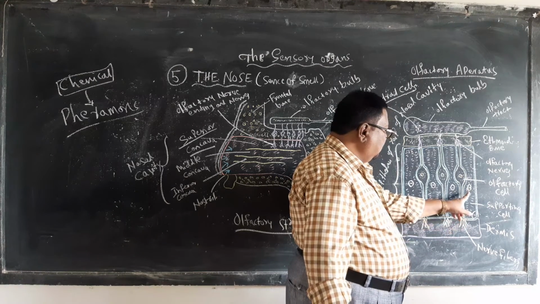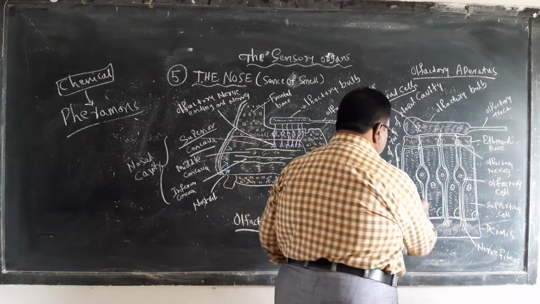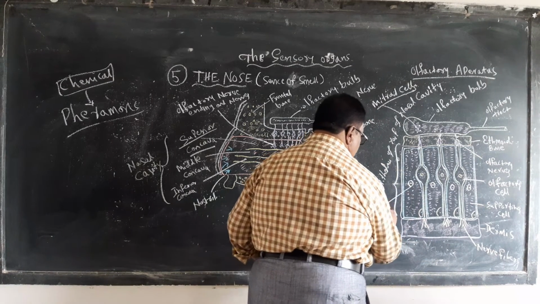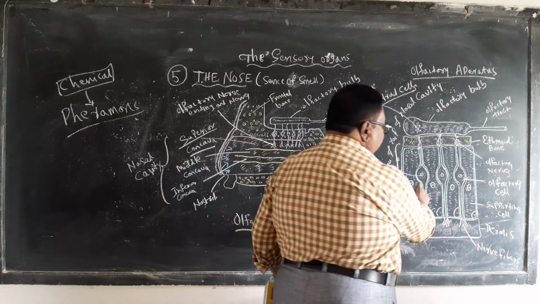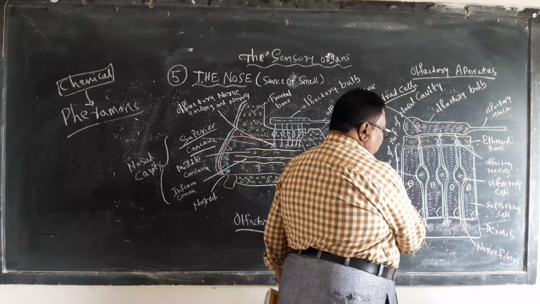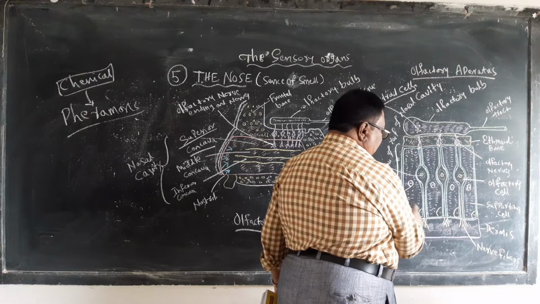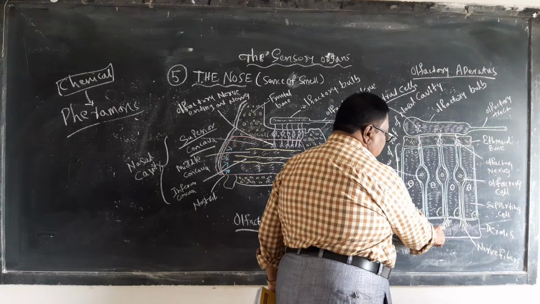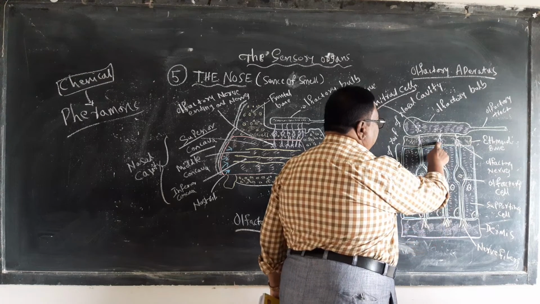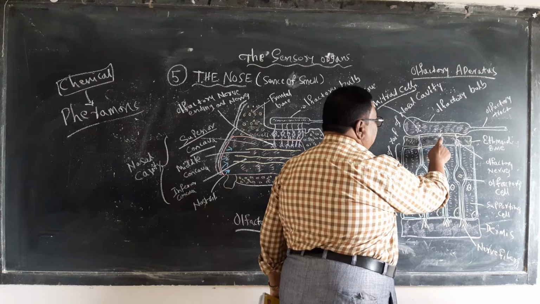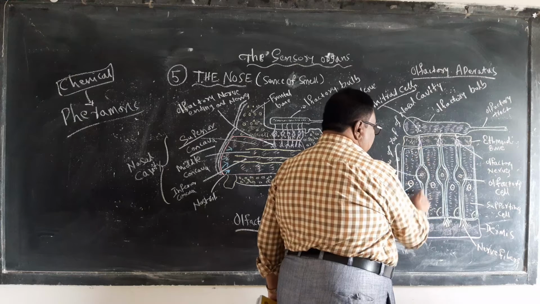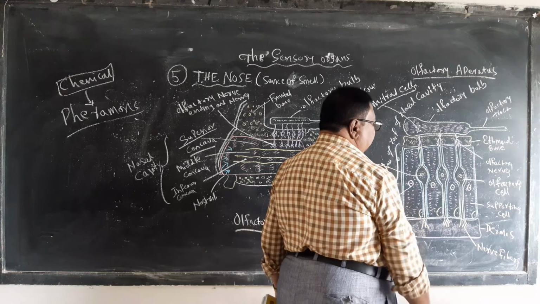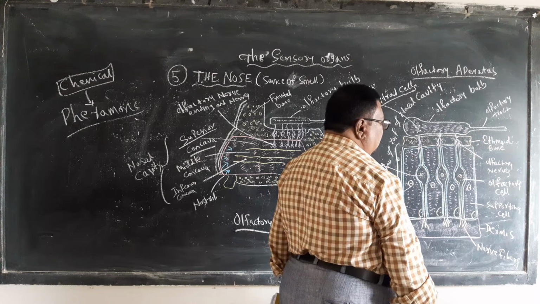These are the nucleus of the olfactory cell and the nucleus of the supporting cell, and this is the dermis. Nerve fibers arise from here also, and the two poles are there, so this is called a bipolar cell, a bipolar neuron.